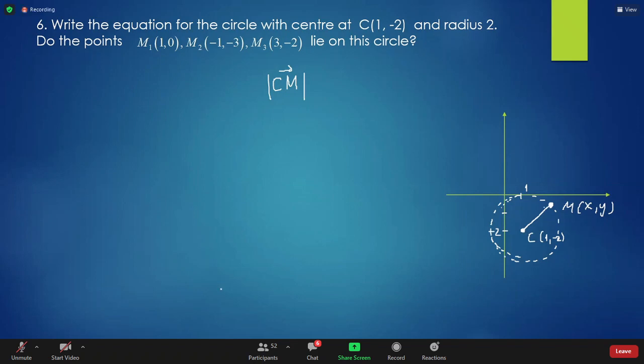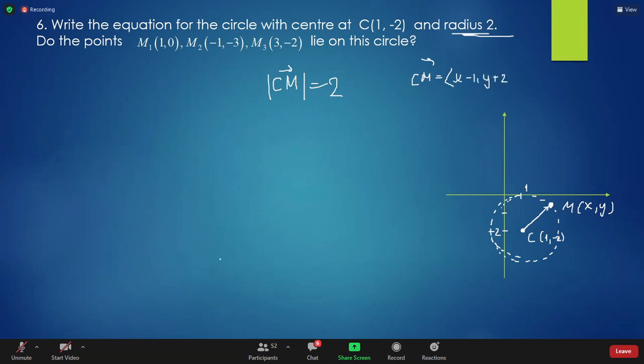So, of course, again, the vector CM has coordinates as we are already used to it. x minus 1, y plus 2. Those are the coordinates of the vector CM.